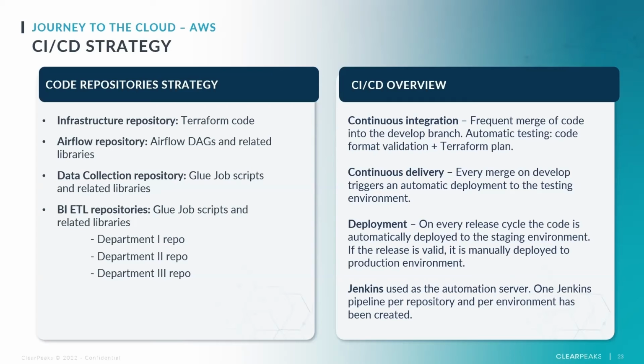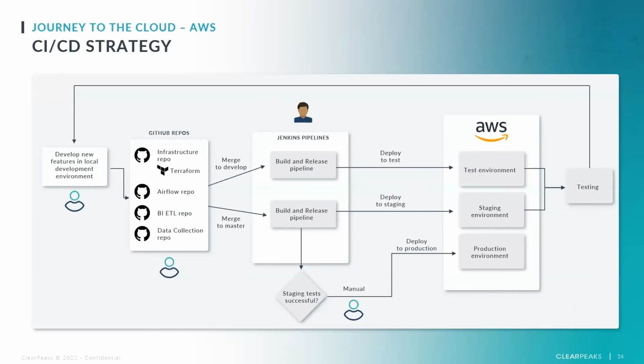As already explained, Jenkins was the automation service, and we had several pipelines created, several per environment, and also one per repo. Here again we can see the same picture with all the pieces together, which basically summarizes what I've been explaining.